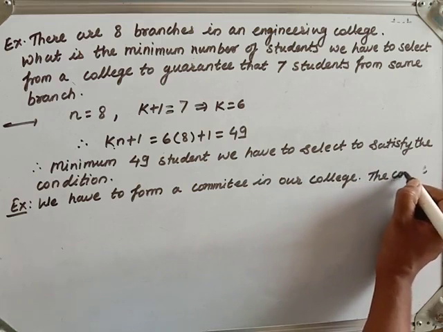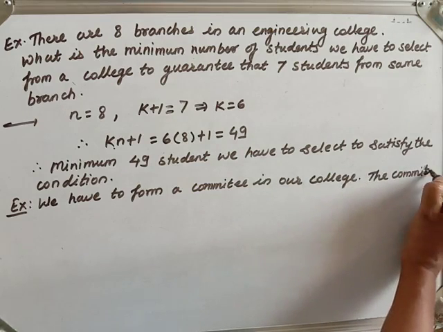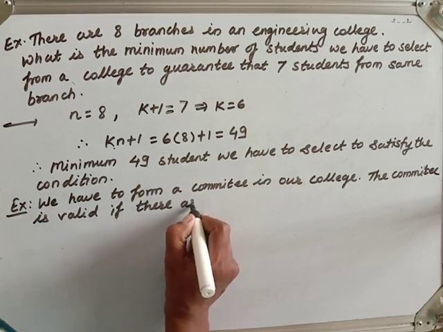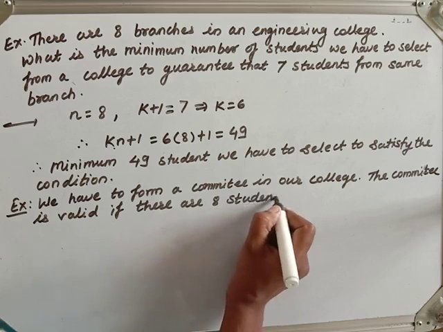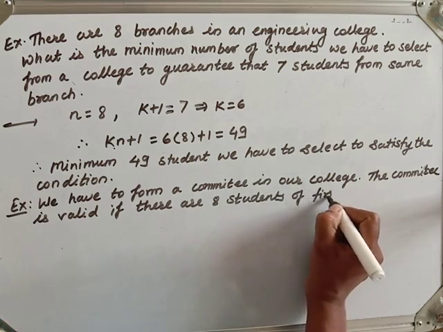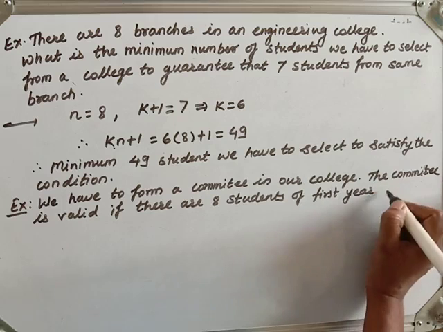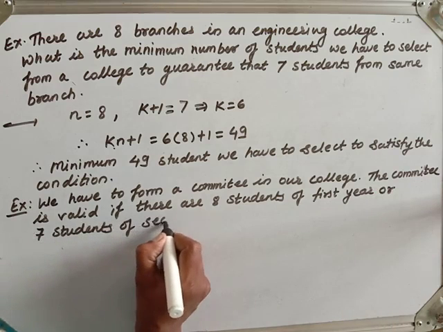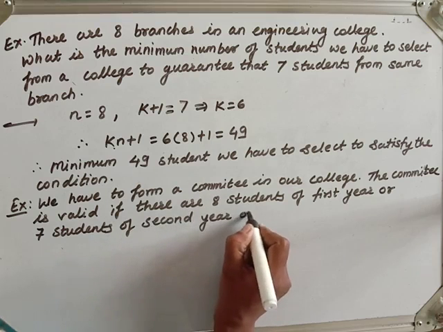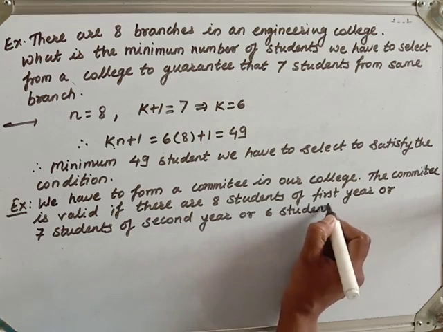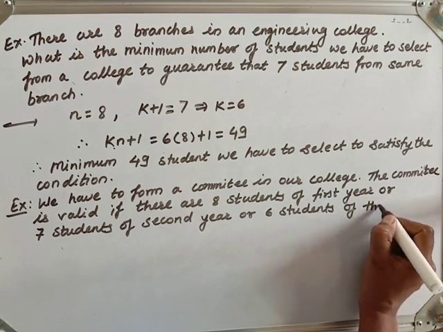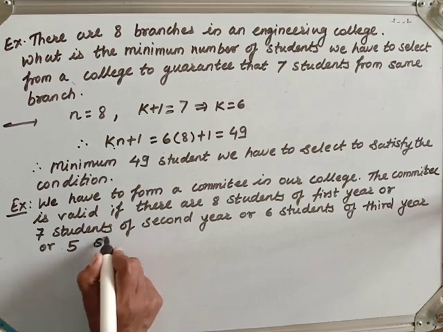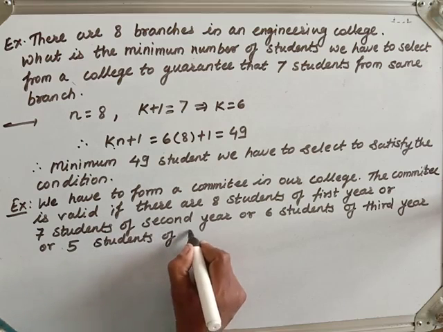The committee is valid if there are 8 students of first year, or 7 students of second year, or 6 students of third year, or 5 students of post graduation.